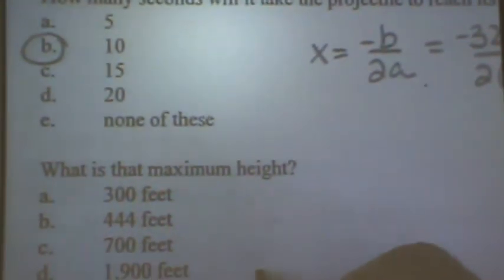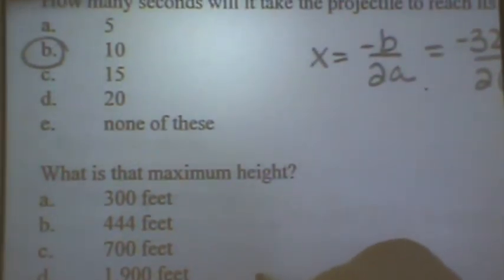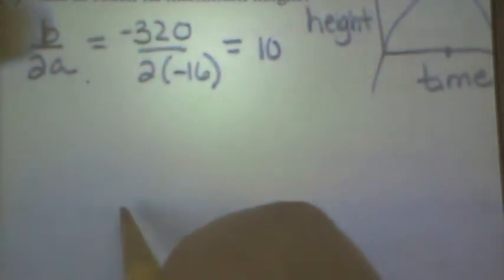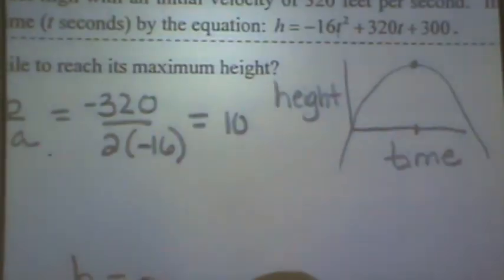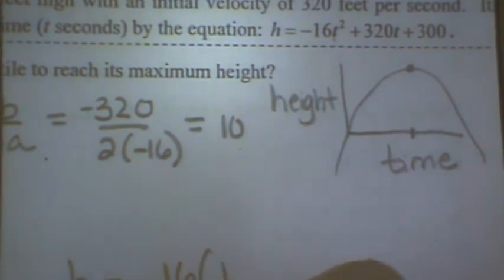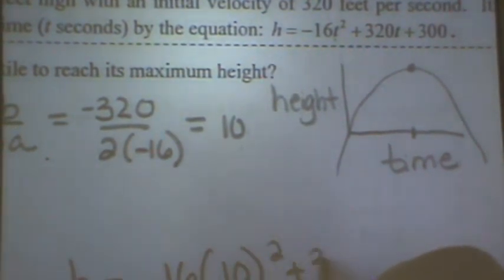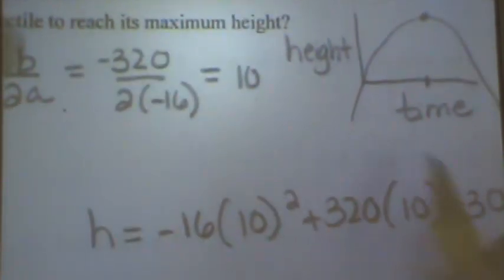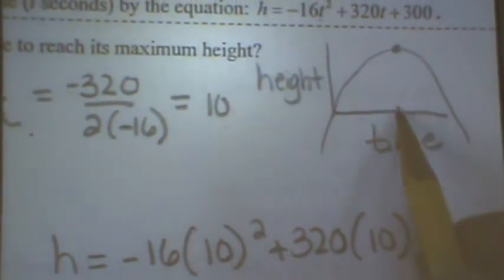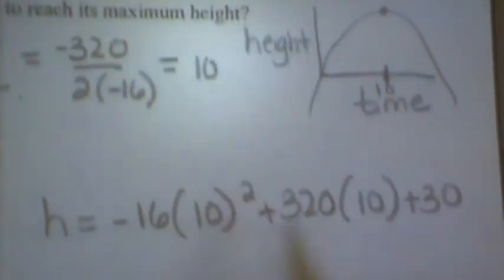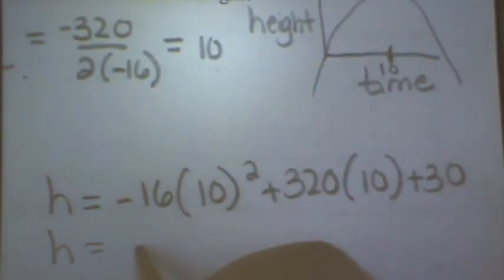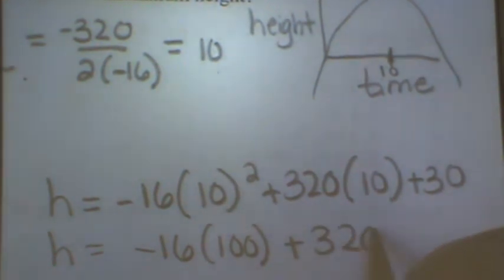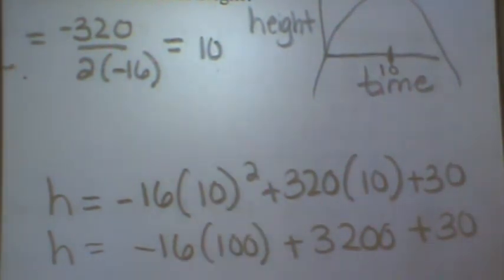In the next question, they want to know what the maximum height is. So you plug 10 into this formula. h is equal to negative 16 times 10 squared plus 320 times 10 plus 300. This is 10 seconds. When you do this math, you get negative 16 times 100 plus 3,200 plus 300, I'm showing you all the steps.